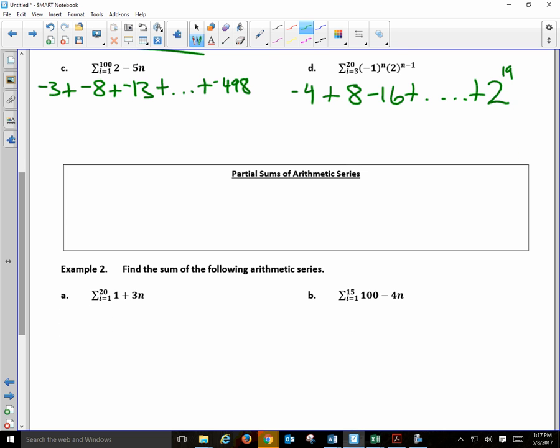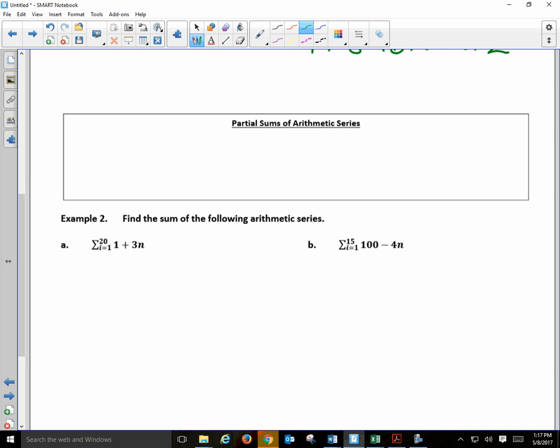So the cool thing about summations is being able to come up with the actual sum. And so if we have a partial sum of an arithmetic series, like we saw with Gauss, we could say that the sum through n terms is equal to, let's think about what Gauss did. He took 1 and added it to 100.